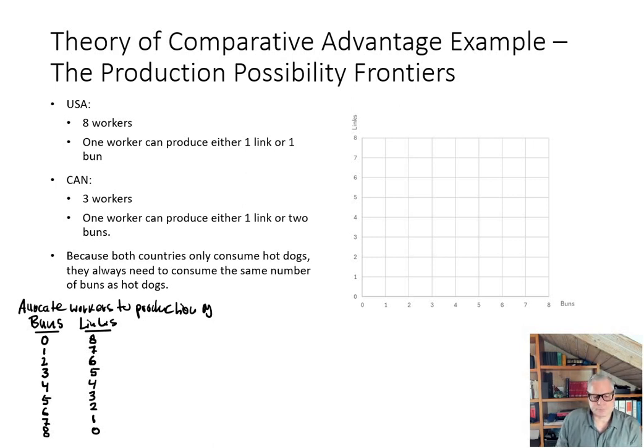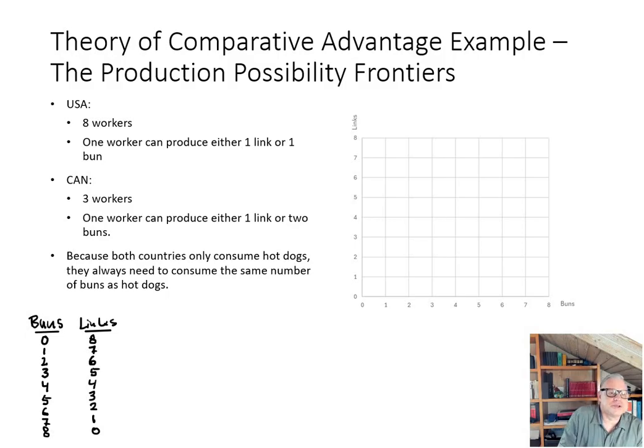Okay, so depending on each combination of allocating our 8 workers, what will be the production of buns? So the first table is the allocation of workers towards the production of buns.